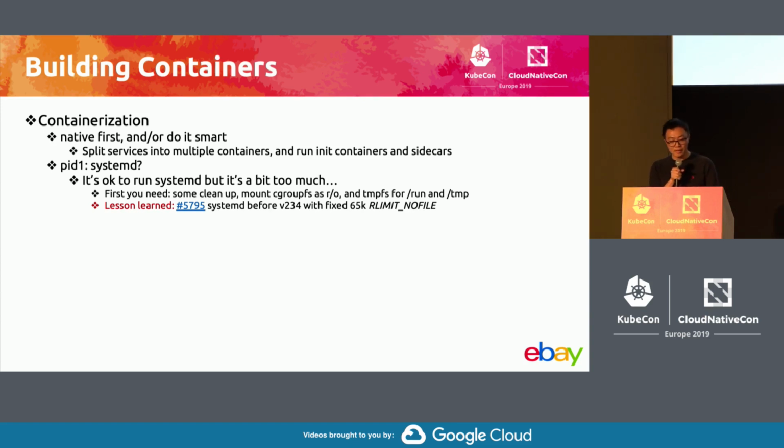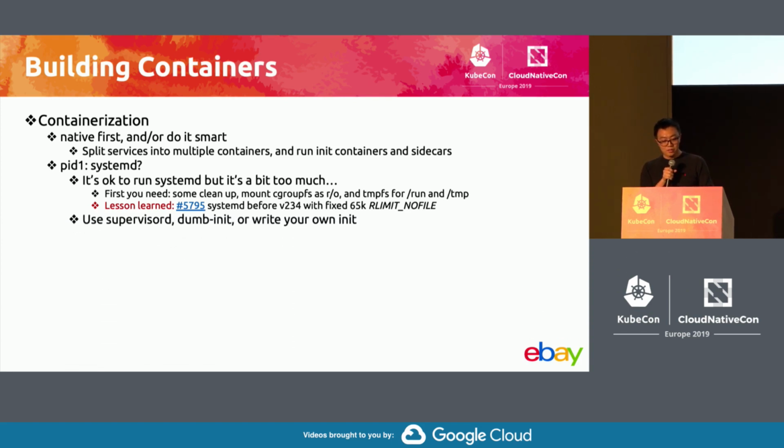I'm going to talk about that later. But for this specific case, CentOS 7 has a systemd that has a hard-coded 65K ulimit. So any Hadoop jobs spun off in the container cannot reach the 100K limit they want. So we have to patch it, compile a new systemd and put it on there, or they have to upgrade their container image.